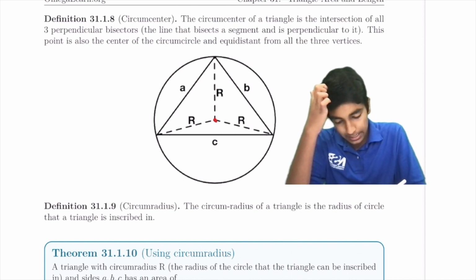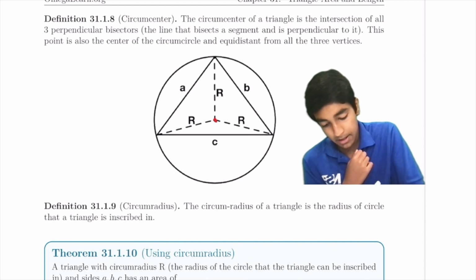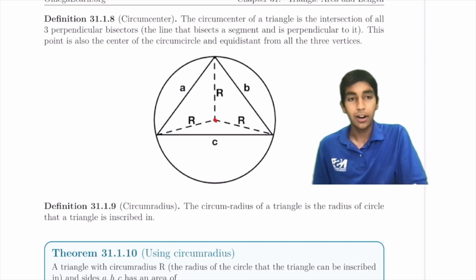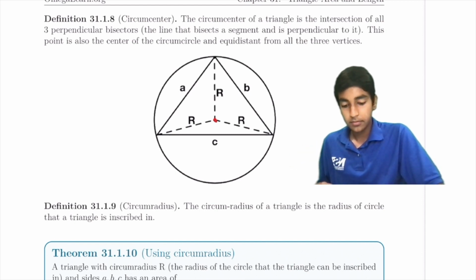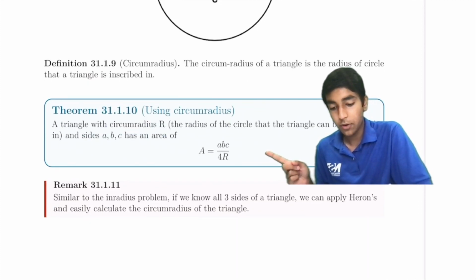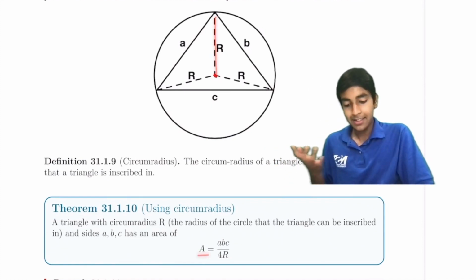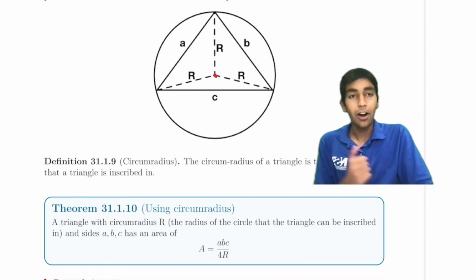So using the circumradius, the area of a triangle is abc over 4R. So over there you can see that if you're given 3 sides of a triangle, a, b, and c, and we're given the circumradius, we can find the area, abc divided by 4R.